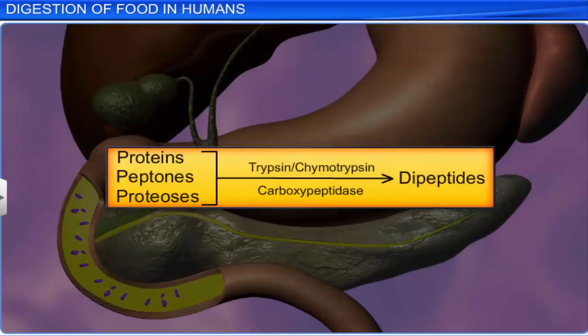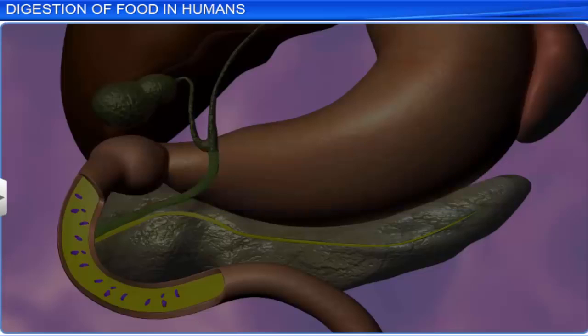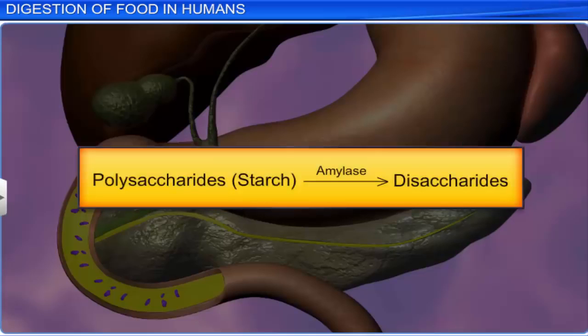The proteolytic enzymes trypsin, chymotrypsin, and carboxypeptidase, for instance, act upon the proteins, proteoses, and peptones and convert them into smaller peptides. Similarly, the pancreatic amylase hydrolyzes the carbohydrates into simple sugars or disaccharides.